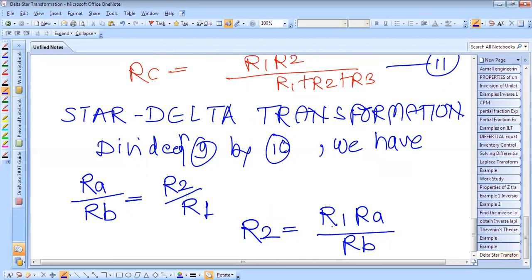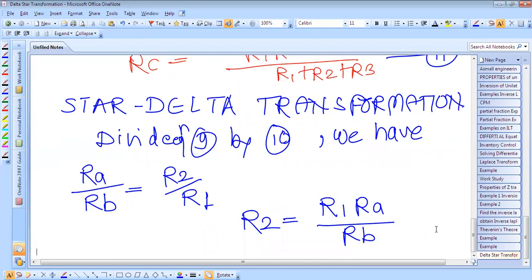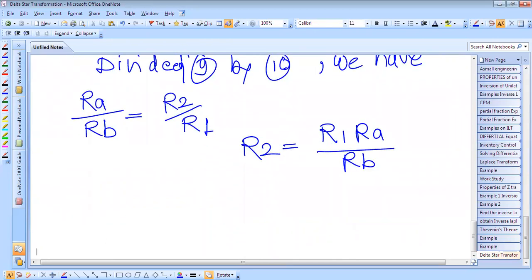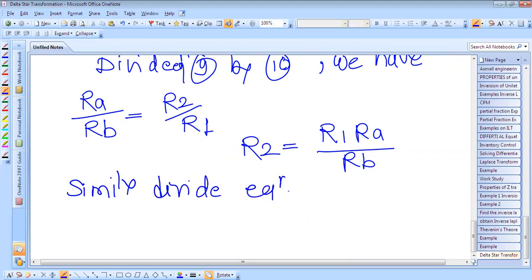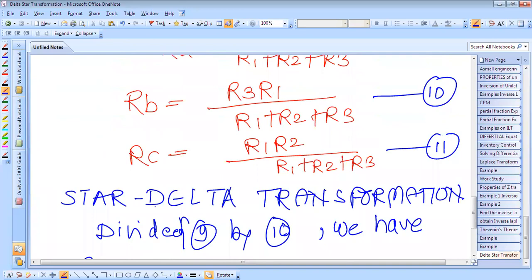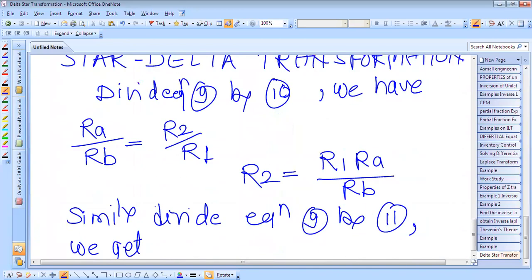Similarly, divide equation 9 by 11. 9 by 11 means RA by RC.